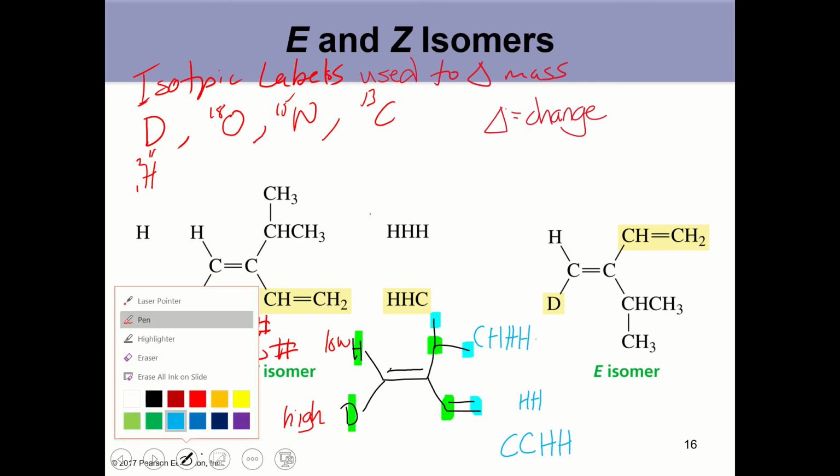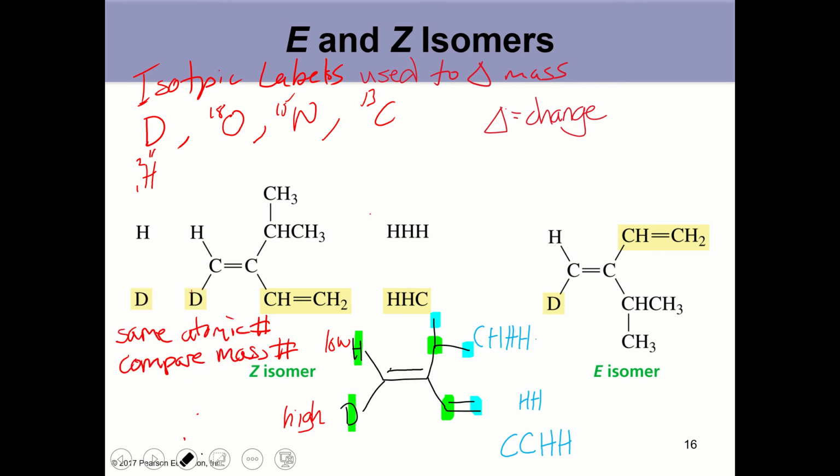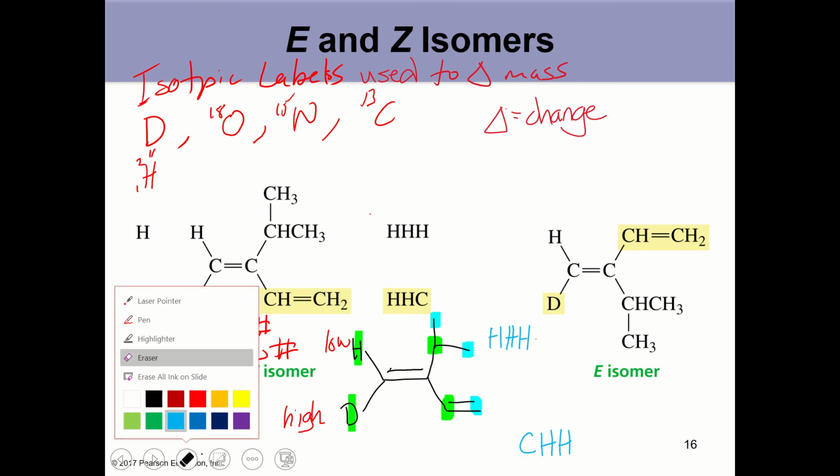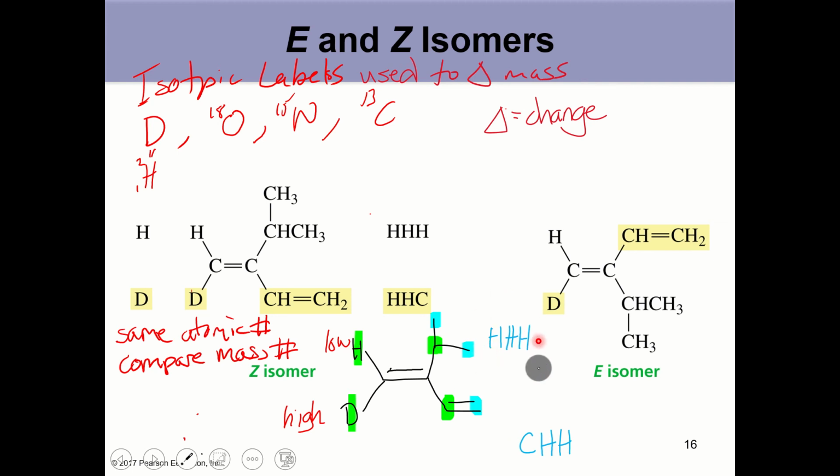So now, if we erase 1 carbon for each set, then my conclusions of HHH and CHH match the technique shown to you in the text, which gives HHH for the top blue carbon and HHC for the bottom blue carbon.